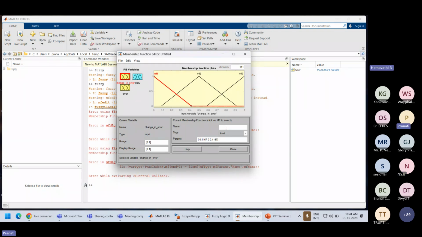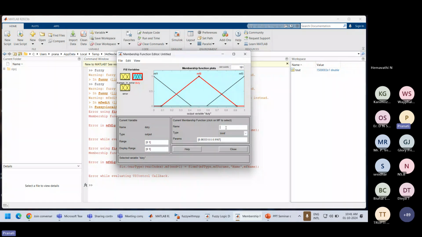See, MF1, it is negative large. If I write it down, this will change to negative large. And if I select this one and write negative medium, it will change to negative medium. So the names we have changed accordingly. And similarly for the error, for the change in error also, we can change the membership functions.